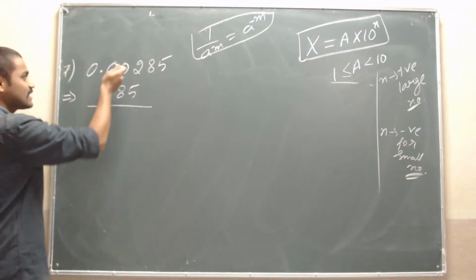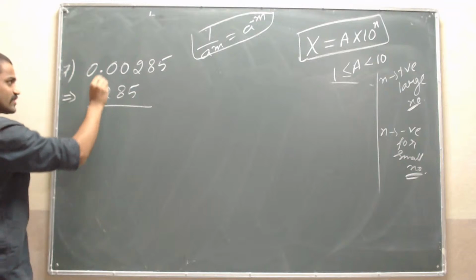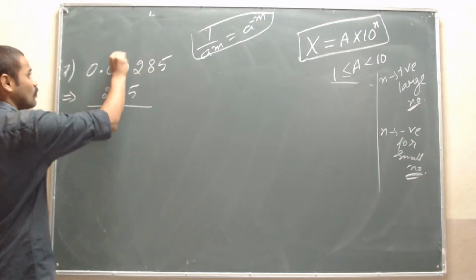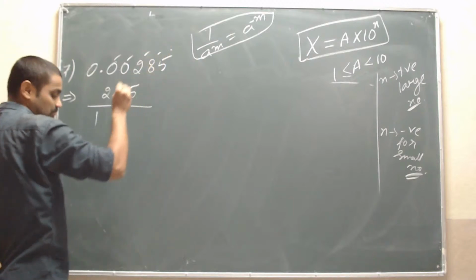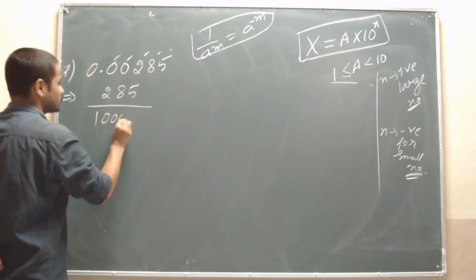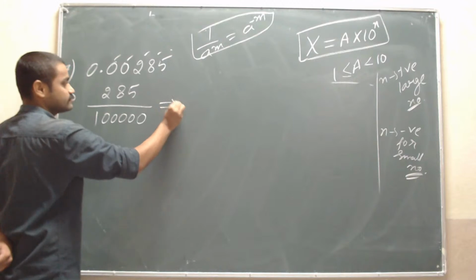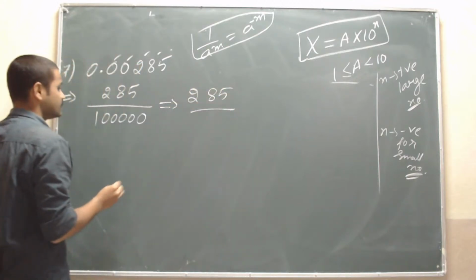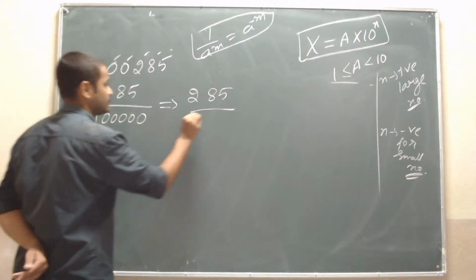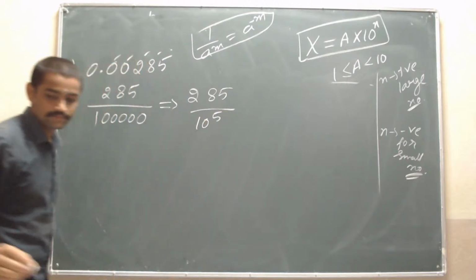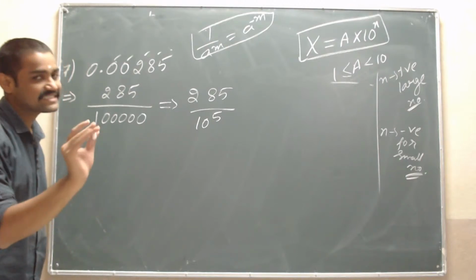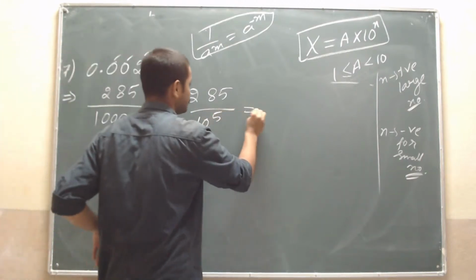Take 285 and neglect the zeros. Then write the zeros by comparing these numbers: 1, 2, 3, 4, 5. 285 divided by 1, 2, 3, 4, 5. Simple step. Next step, concentrate.